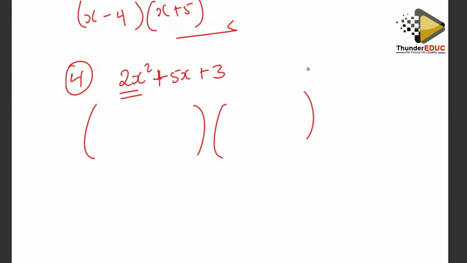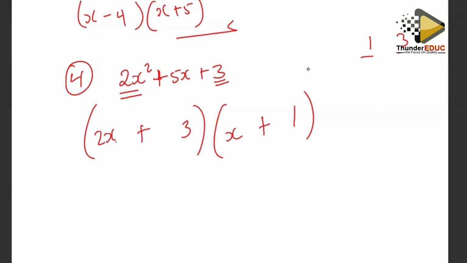What do we multiply to give us 2x squared? So 2x and x must give us that. And then what do we multiply to give us a 3? Positive 3 is going to be 1 and a 3. Where am I going to put the 3? Where am I going to put the 1? So that should be your trial and error approach. If you put a 3 here, then you put a 1 here. Since everything is positive, then everything here should also be positive.